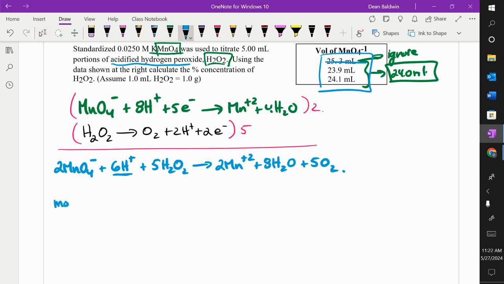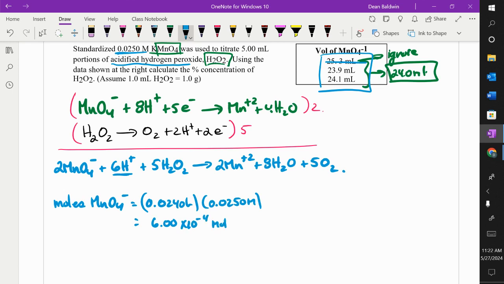So the moles of MnO4- are going to be the volume, 0.0240 liters, 24 mils, times its concentration, which is 0.025, which gives us 6.00 times 10 to the minus 4 moles of MnO4-.